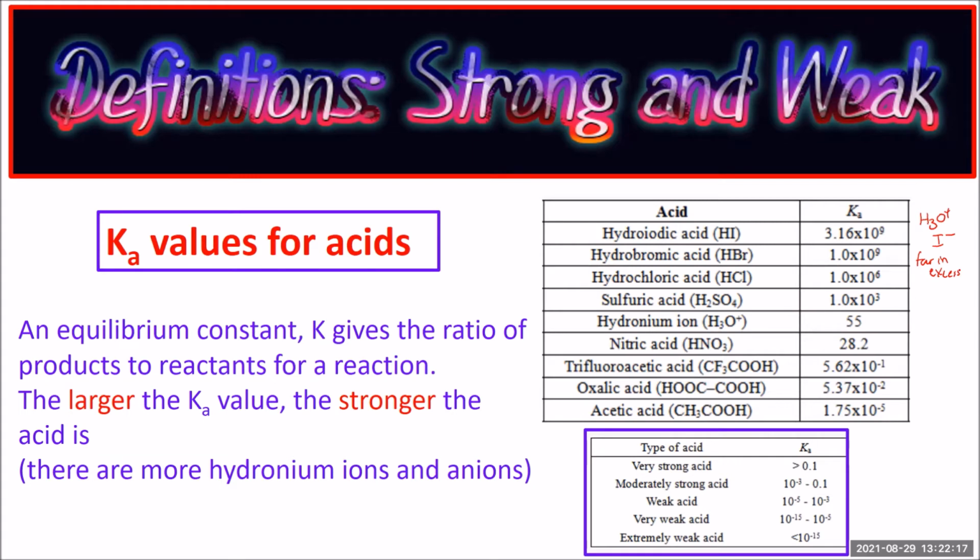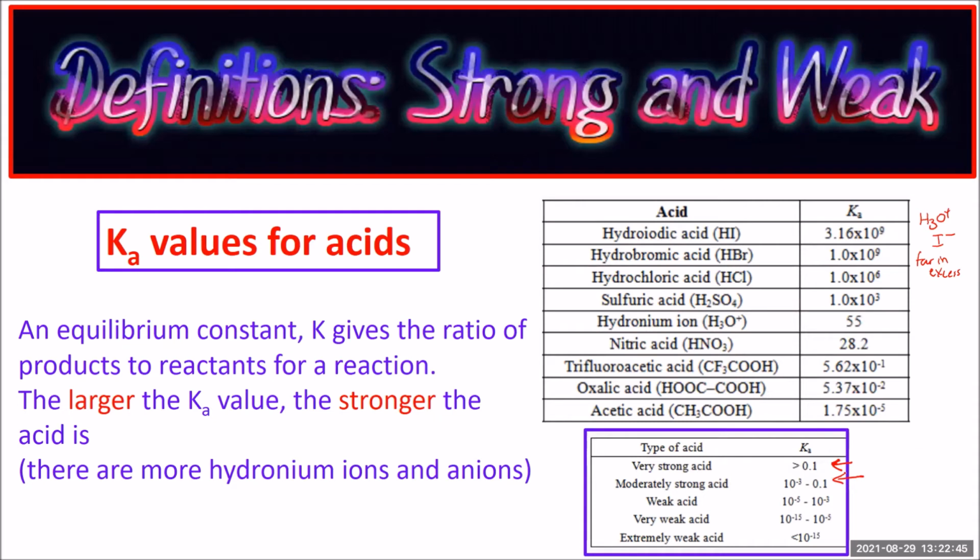If the Ka value is greater than 0.1 here, then we have a very strong acid. Moderately strong acids are in between 0.001 and 0.1. And then we have weak acids, very weak acids, and extremely weak acids. So you can actually get an idea from that Ka value how strong your acid is.